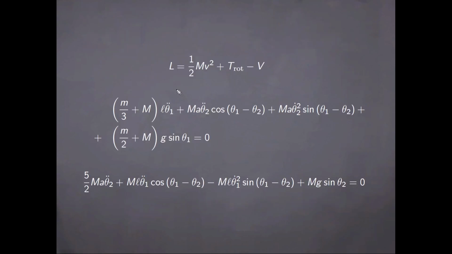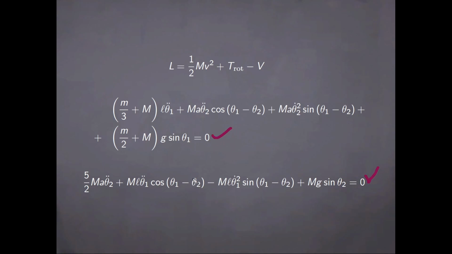So then, putting all of these things together, the Lagrangian will be given by the kinetic energy of the center of mass of the disk, the total rotational kinetic energy of the system, and the gravitational potential energy. And then upon deriving the equations of motion, we should obtain these two results.